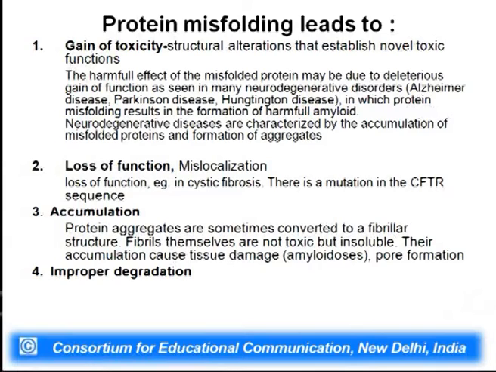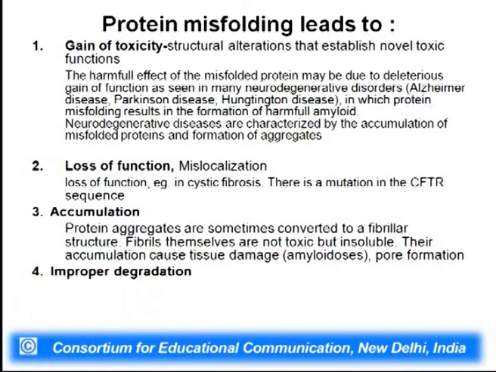So, the misfolding of the protein is leading to 4 important implications. First is the gain of toxicity, where structural alterations establish novel toxic functions. We can think about it as a misfolded protein that, when aggregated, should not cause any problem, but when all this junk gets accumulated in the cell, it causes a lot of overload.